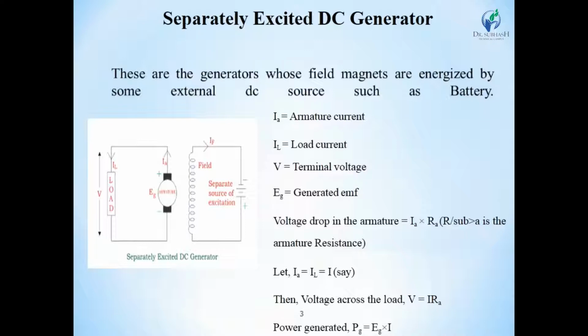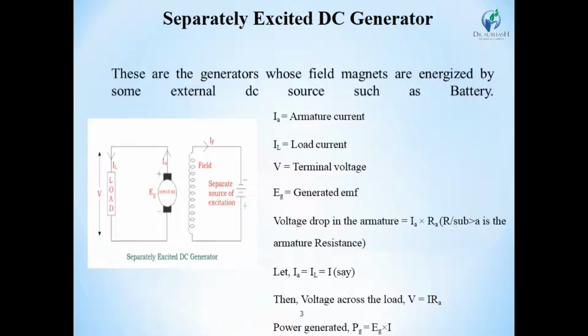Now, we discuss the current and voltage relation of the separately excited generator. Due to the separate excitation, the field current IF will remain constant.